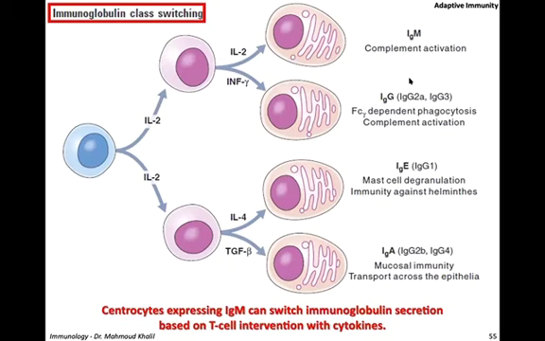And this process is class switching. In this case, the B cell, which originally expresses IgM or IgD on its surface, can now do class switching upon activation by these cytokines.